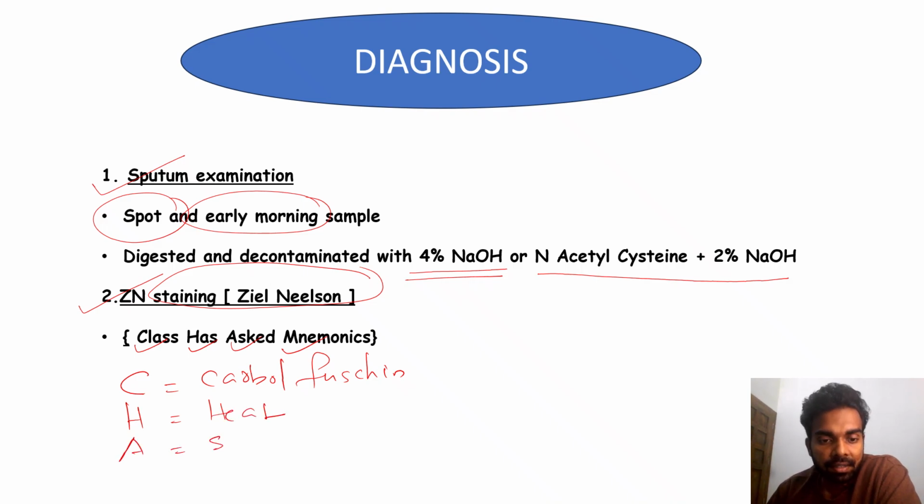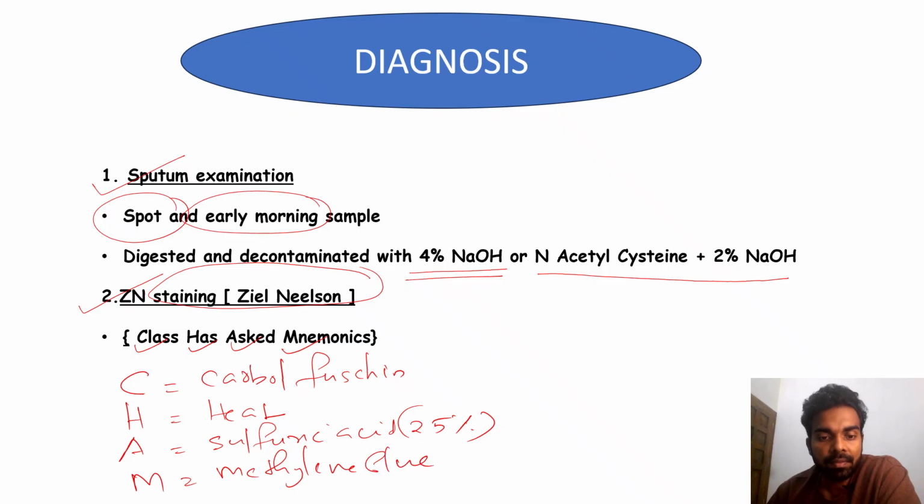A is acid, that is sulfuric acid 25%, and M is methylene blue. These are done in order to stain Mycobacterium tuberculosis or acid-fast bacilli, and the concentration of the acid is 25%.